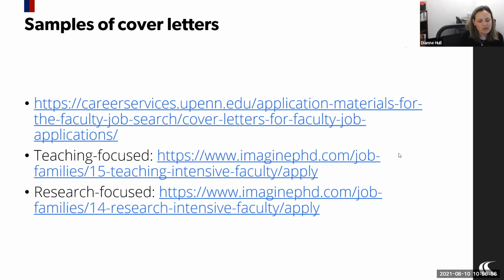Is it fair to assume the search committee members look at the cover letter before anything else? I really can't say exactly. I think if you're looking at a packet, the cover letter is probably on top. My hunch would be they're probably looking at your CV first, would be my guess. They can really look at it in whatever order they want.